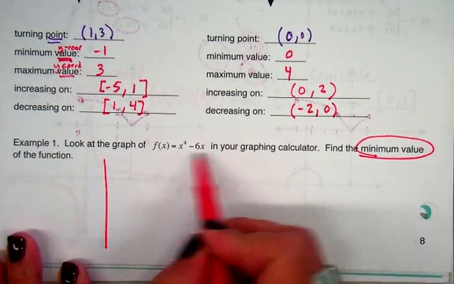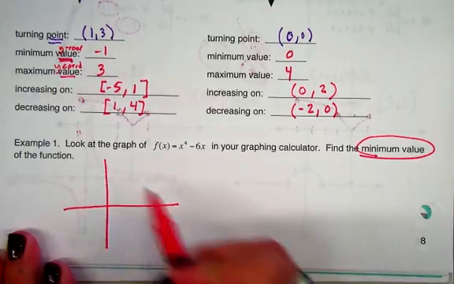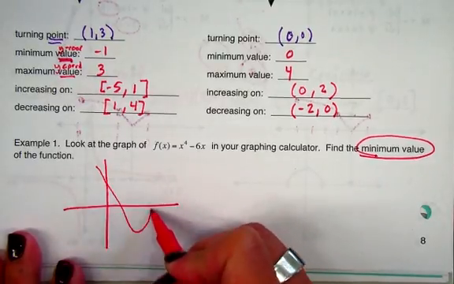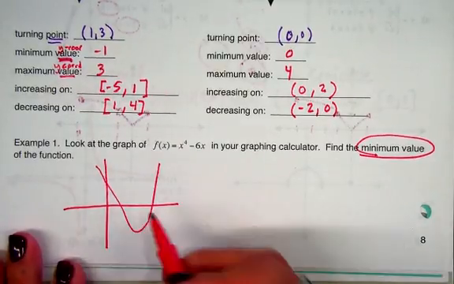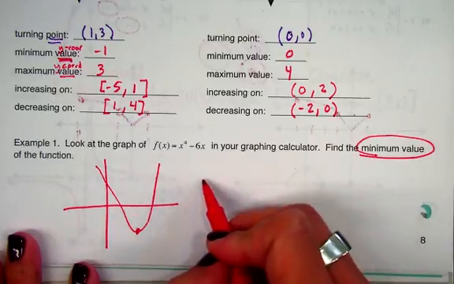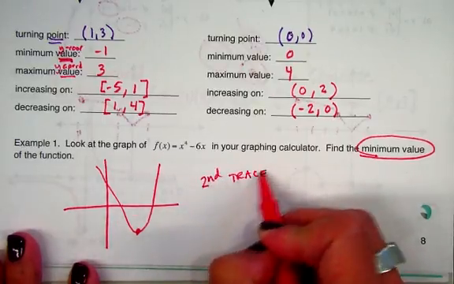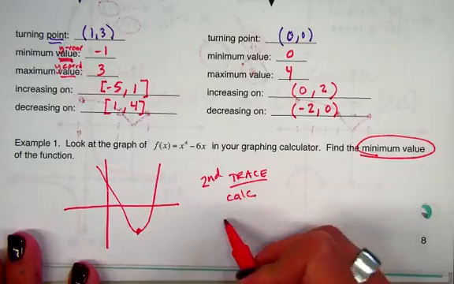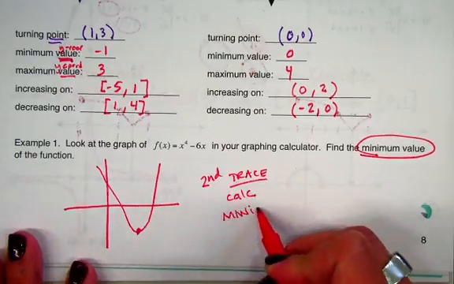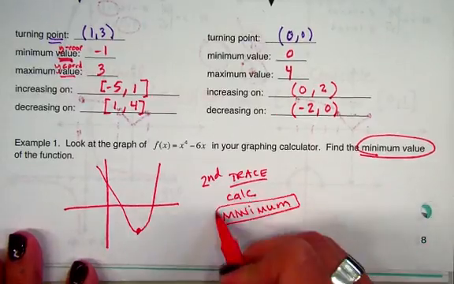What you would do, if you graph this and see a graph that looks something like this, and you want the minimum value, is go into second trace, which is the calc menu, and then pick the one that says minimum.